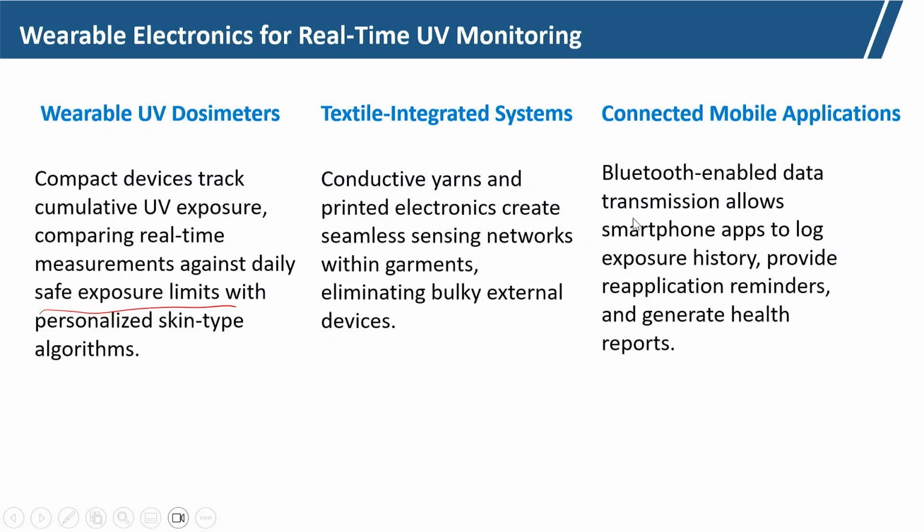Bluetooth enabled data transmission allows the smartphone to get the exposure history, and it provides remedies. If UV protection performance is reduced, then we can suggest reapplication remedies, and it can also generate the health report.